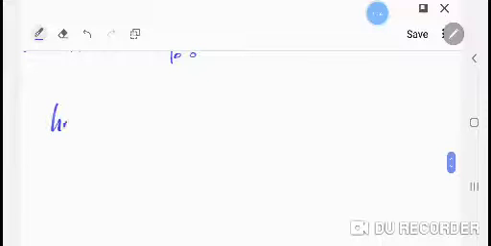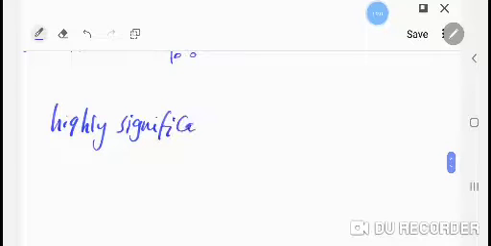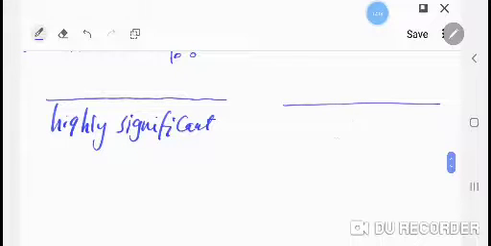For highly significant, the probability is less than 1%, meaning over 99% confidence.